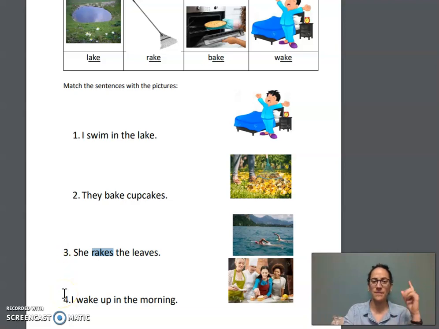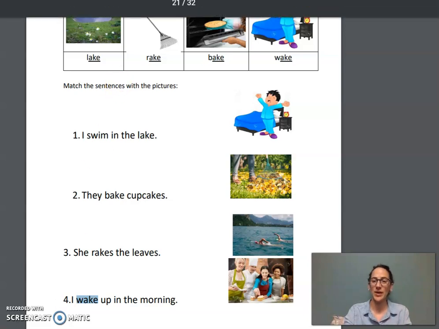Number 4, I wake up in the morning. Find the ache word. Yes, wake. Which picture? Here it is. Number 4, we'll read it together. I wake up in the morning. Nice reading. Nice finding AKE to read ache words.